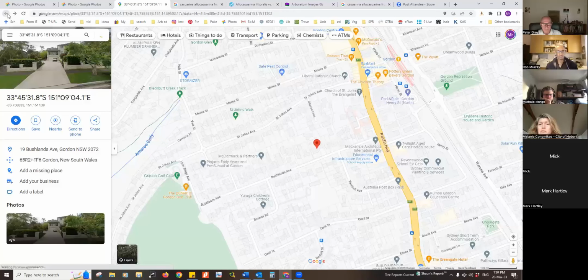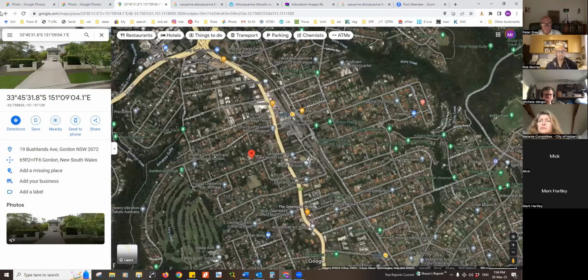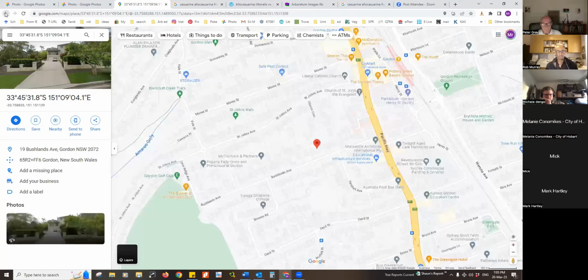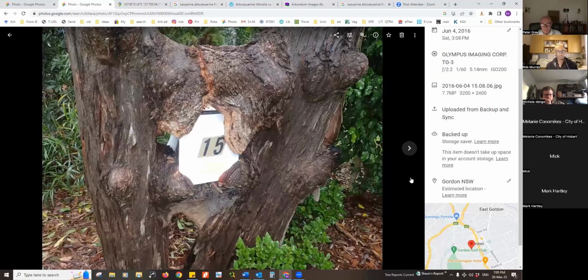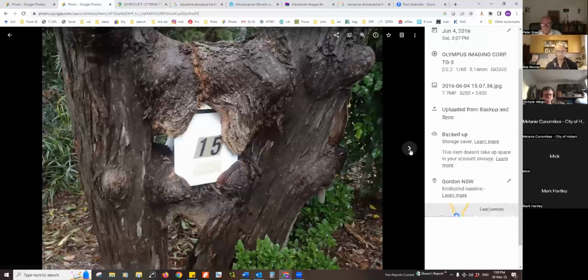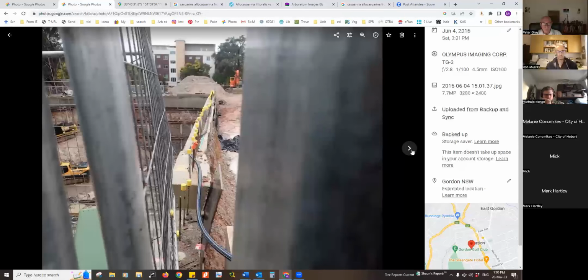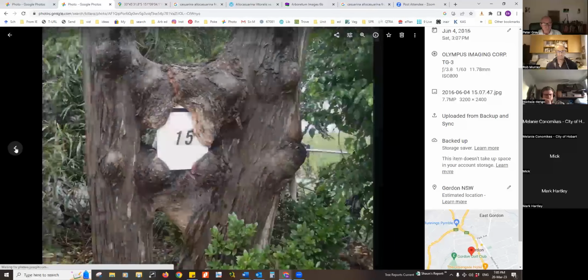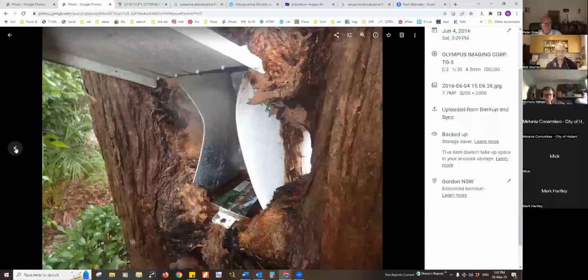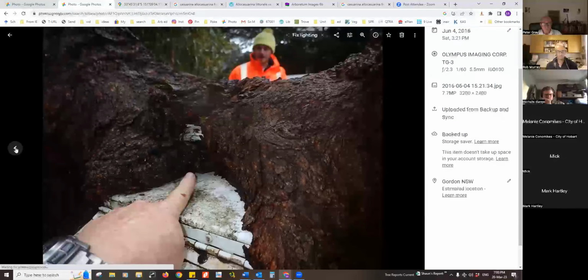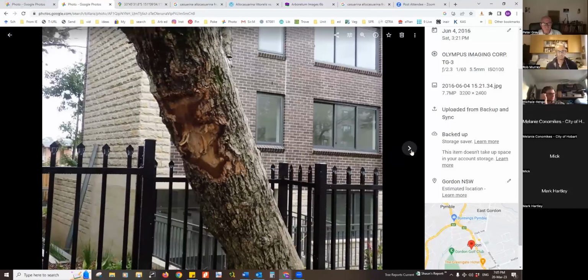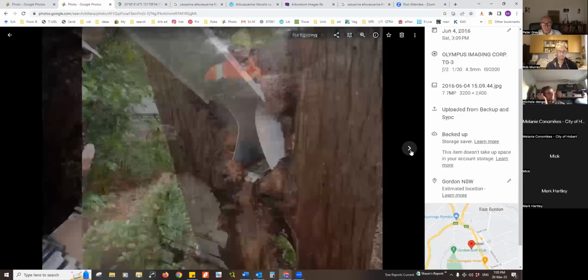Go back to another one of it. Okay, let's have a look. It's saying where it is. That's not the same spot though. No, I was hoping I could open it and just show you, but you can get the idea.